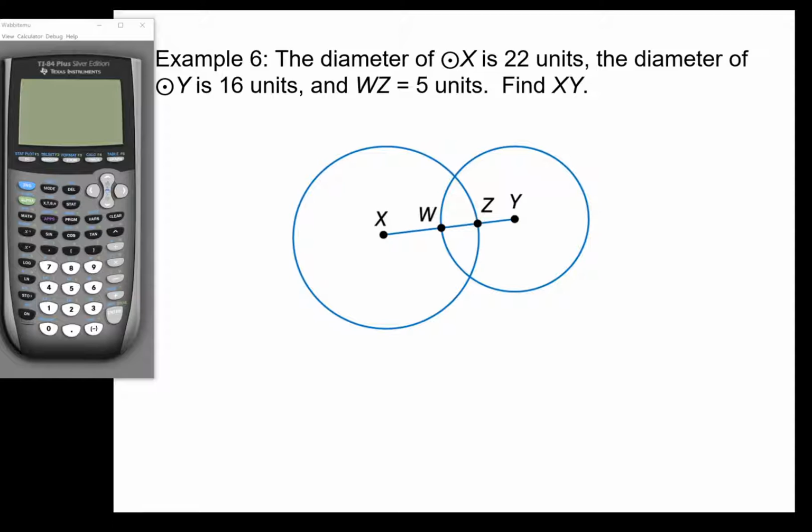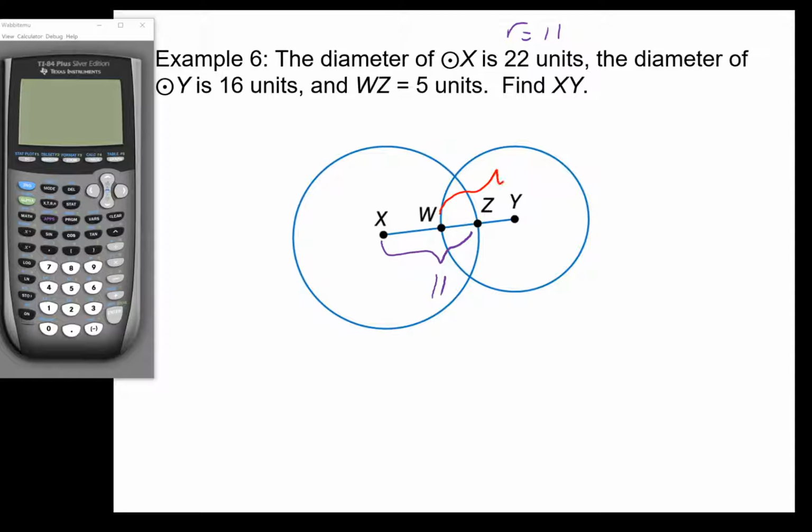Example 6. Diameter of X is 22 units. So the diameter of circle X is 22. What that means is that from X to Z is half of that. My diameter is 22, then my radius is 11. So from X to Z is 11. Now, the diameter of circle Y is 16 units.